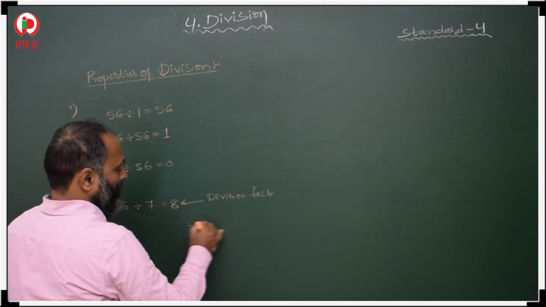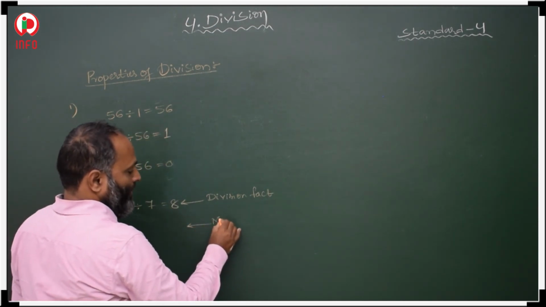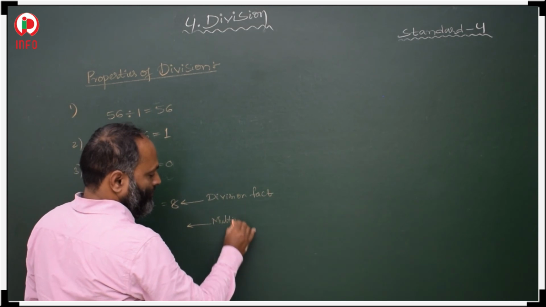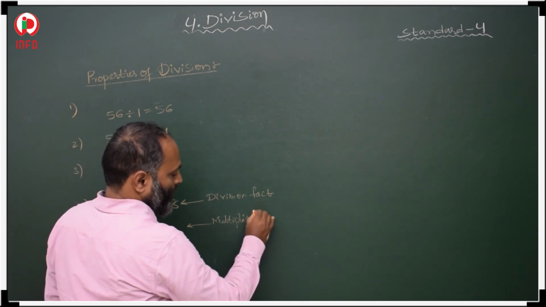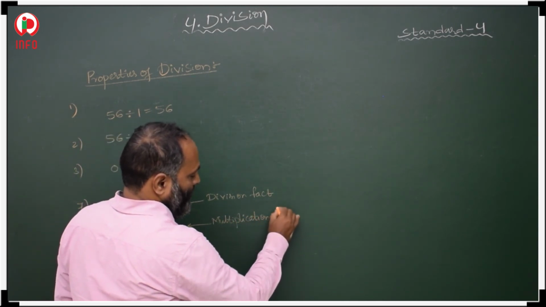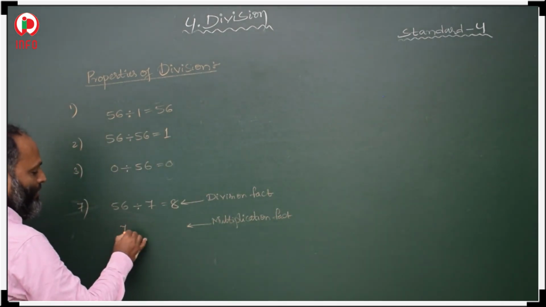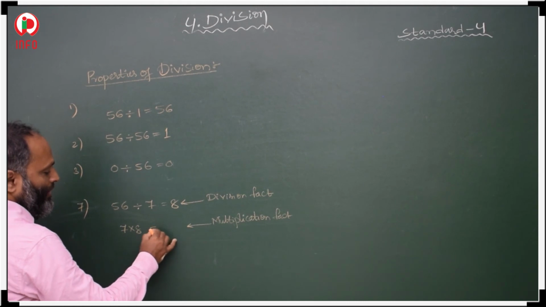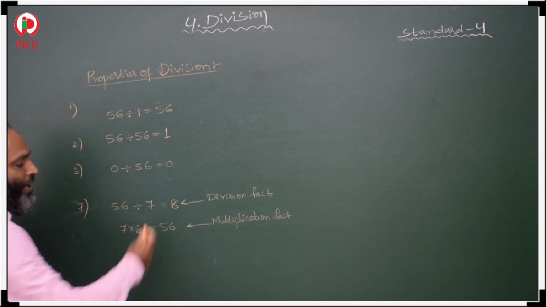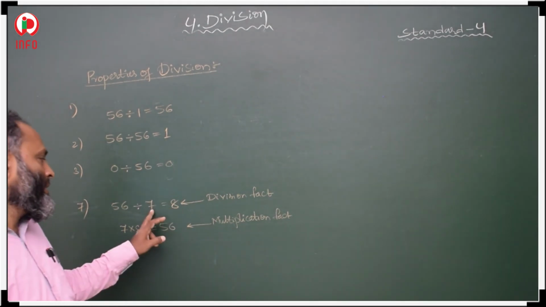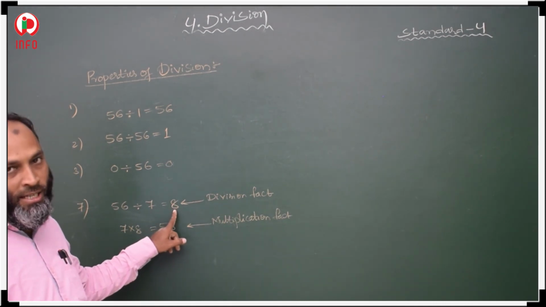So what is the multiplication fact of this? Multiplication fact: that is 7 into 8 is equal to 56. 7 is the divisor and 8 is our answer, the quotient.